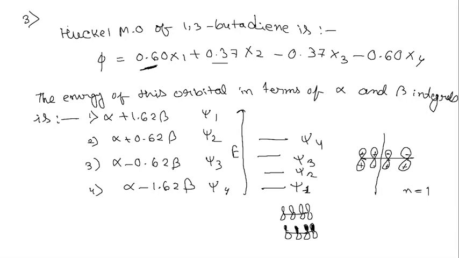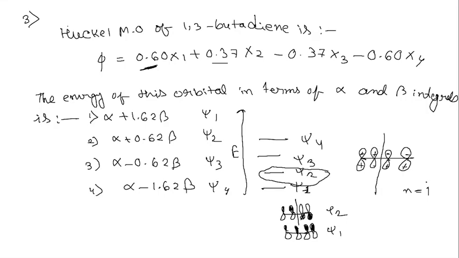For the first energy level, node equals 1, which I already saw in the previous class. You see it is matching with this. So this is psi 1, psi 2. So what will the answer be? The answer will be psi 2.